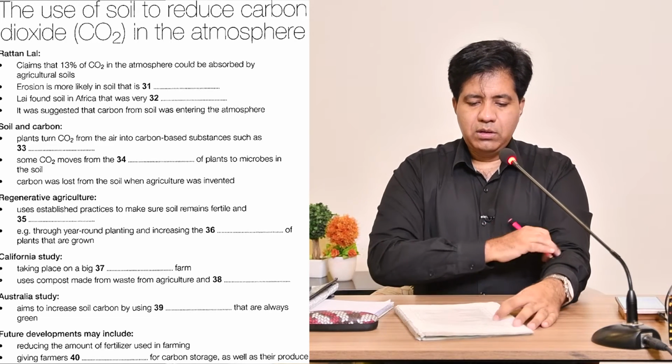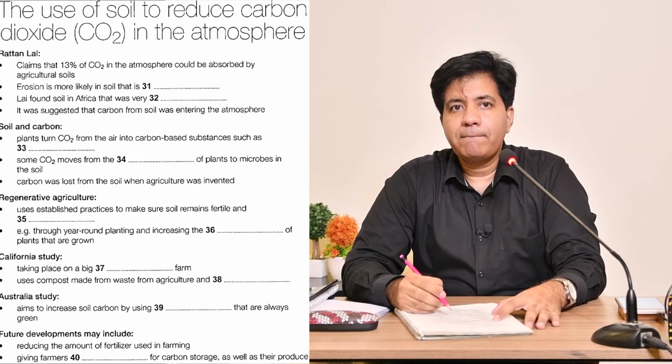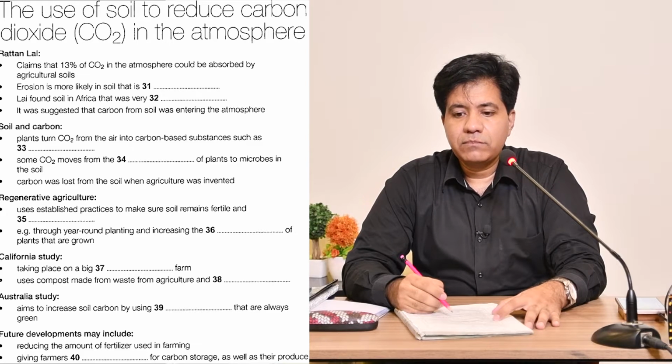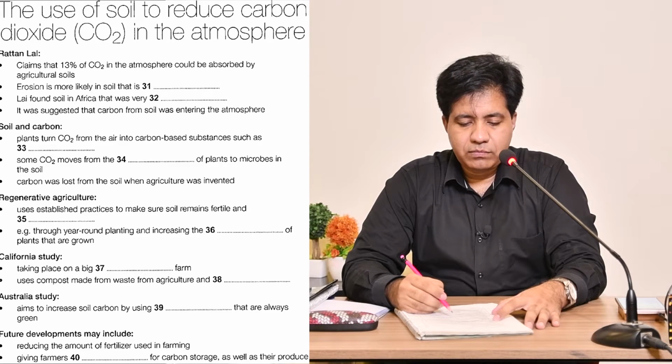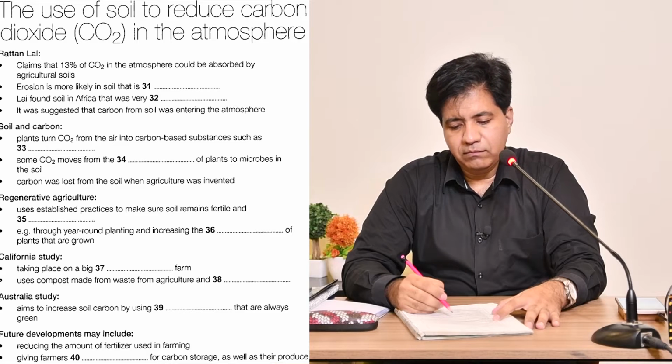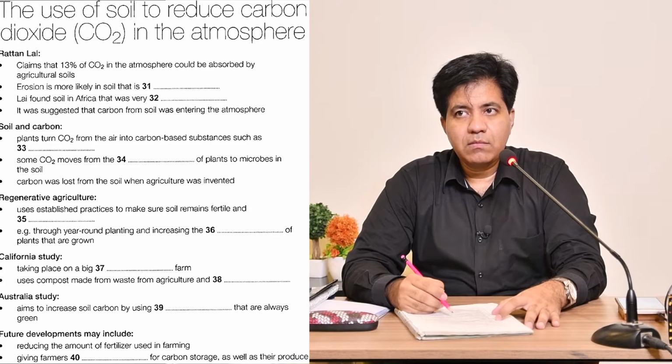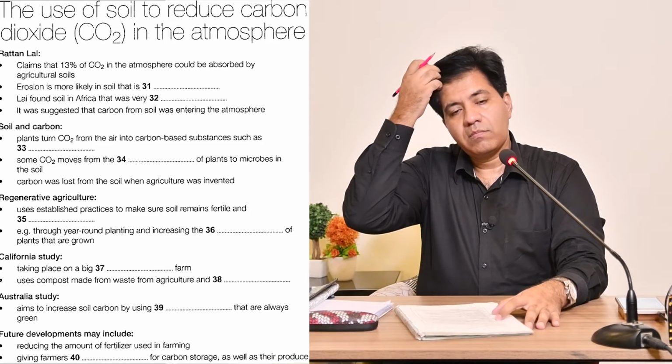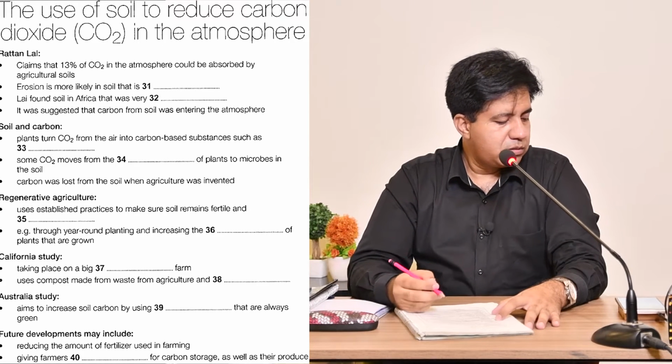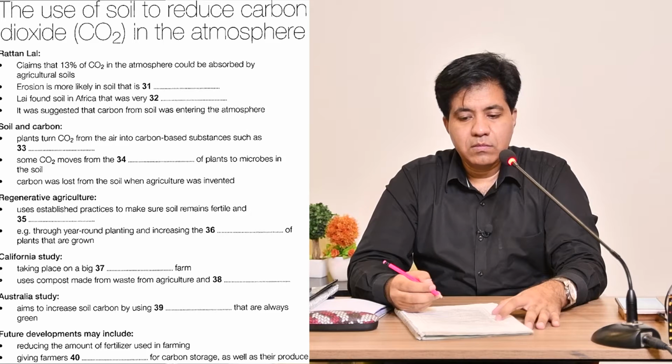You will hear part of a lecture about a way of reducing the amount of carbon dioxide in the atmosphere. As we saw in the last lecture, a major cause of climate change is the rapid rise in the level of carbon dioxide in the atmosphere over the last century. If we could reduce the amount of CO2, perhaps the rate of climate change could also be slowed down.